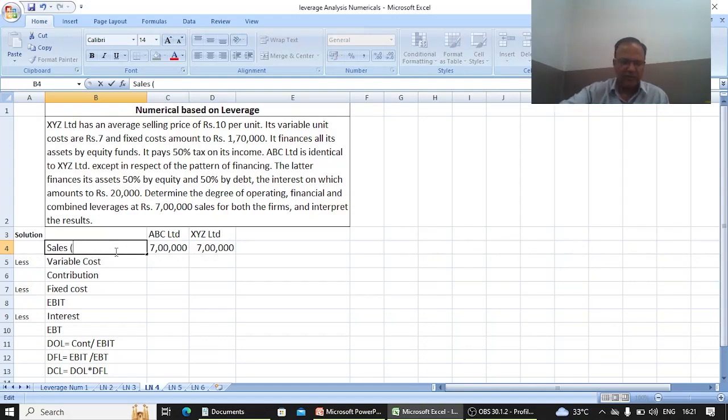It means 70,000 units at rupees 10 each.